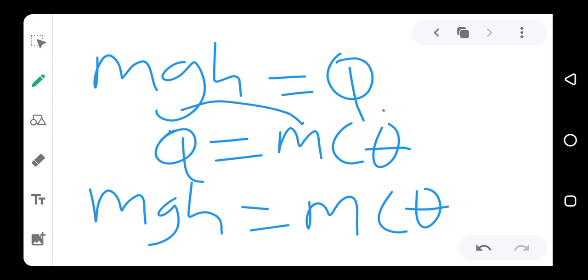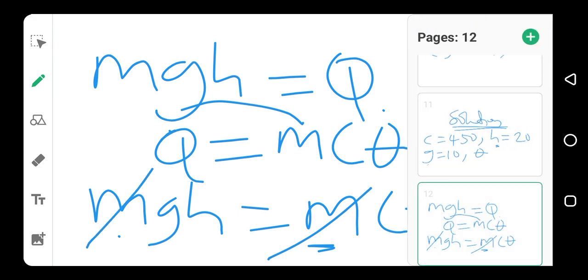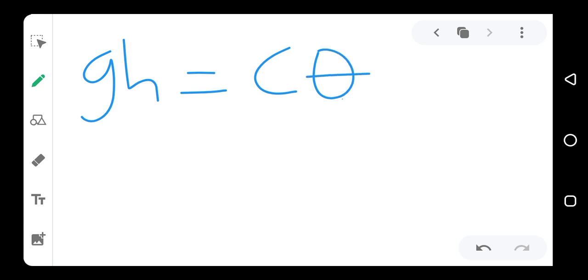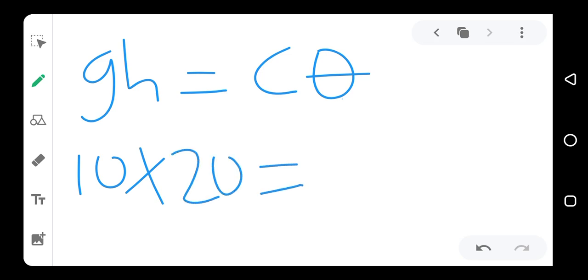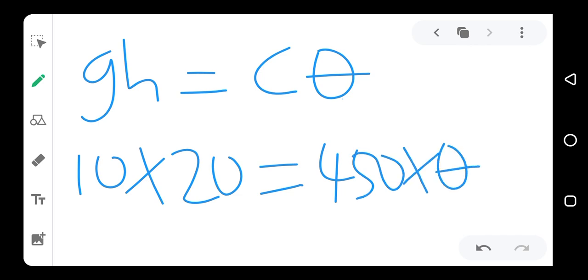We are talking about the same object, which means that the mass here is the same mass here. So we cancel this mass, and now we are going to have that gh is equal to c theta. gh is equal to c theta. Now we know our g as 10 and we know our h as 20. This is equal to c, which is 450, and we are looking for our theta.